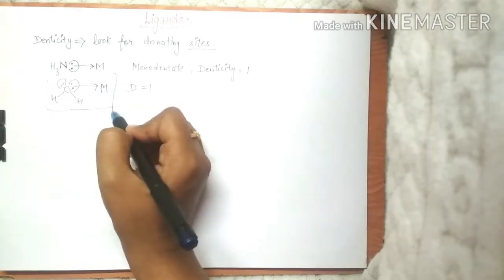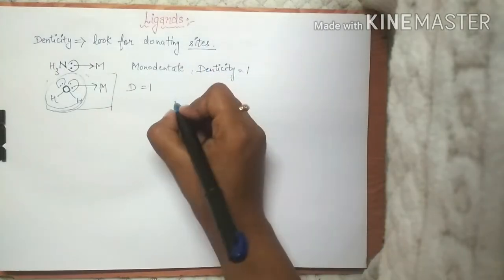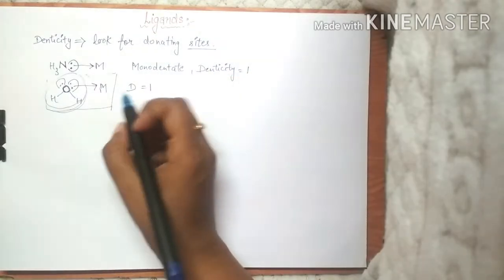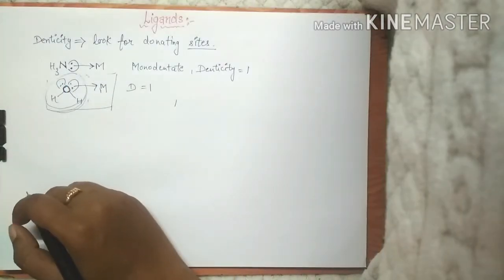Okay, before that, if you look at this molecule, you will realize that the oxygen present has two lone pairs. So why is it not donating the second lone pair? The question is why it is not showing denticity equal to 2.